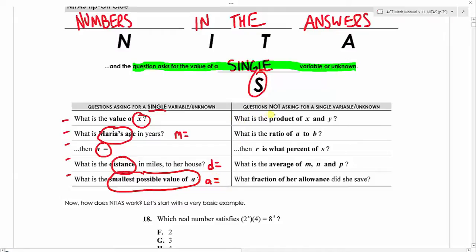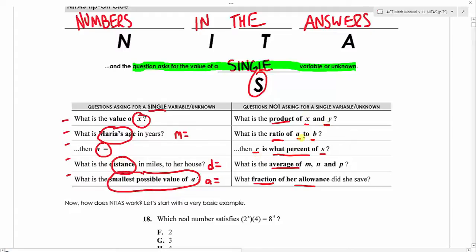Now, for contrast's sake, let's look at some questions that would not be asking for a single variable or unknown. So if a question asks for the product or a ratio, or one thing is what percent of the other, or the average of several quantities, or what fraction of something, notice that these are all relationships between 2 or more quantities, 2 or more variables.